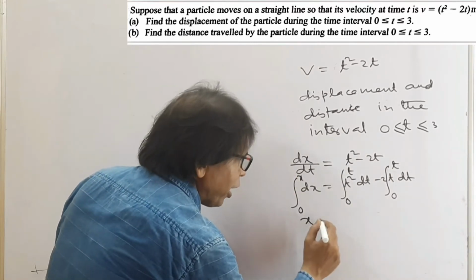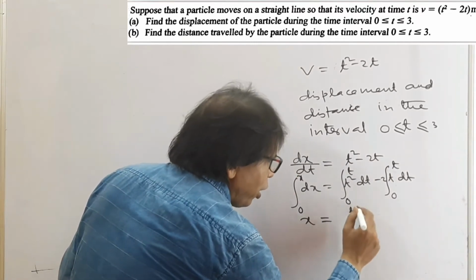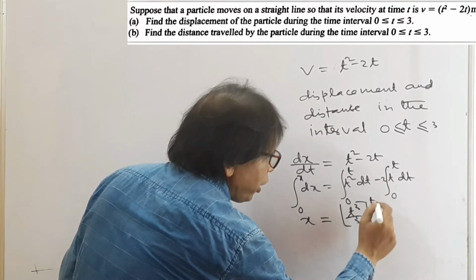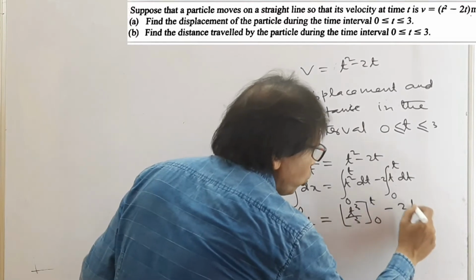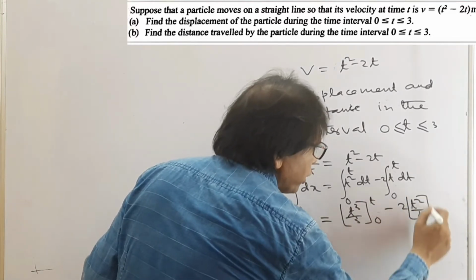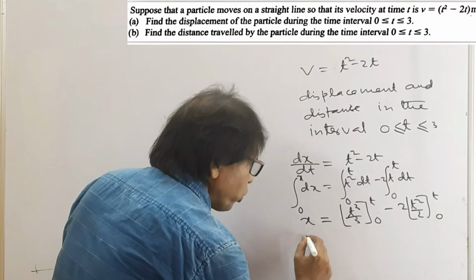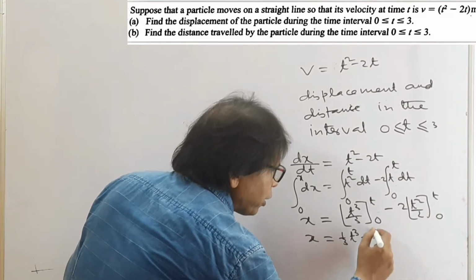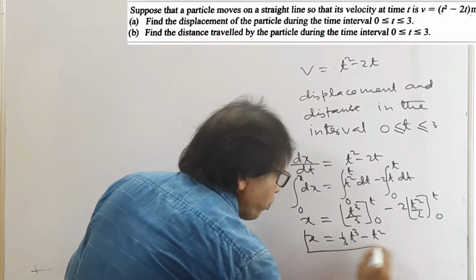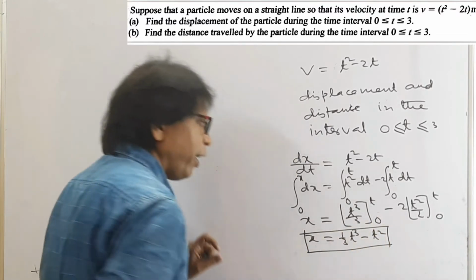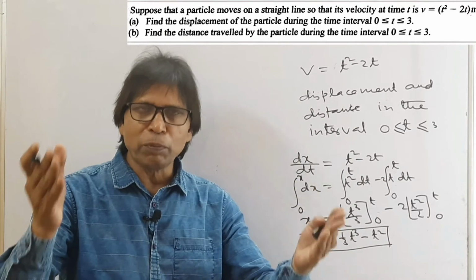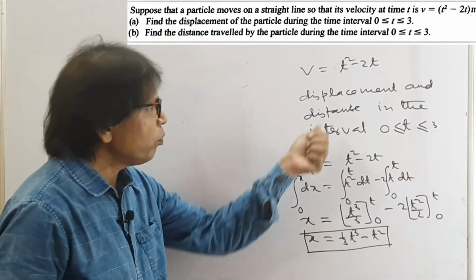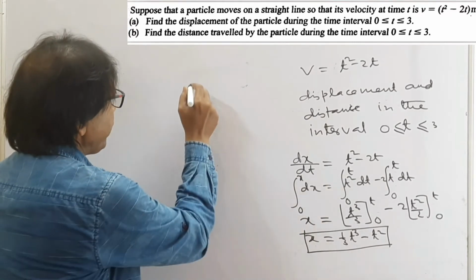So x = t³/3 minus 2t²/2, that is, x = (1/3)t³ − t², the position of the particle. Now we have to calculate the displacement in the interval t = 0 to t = 3.